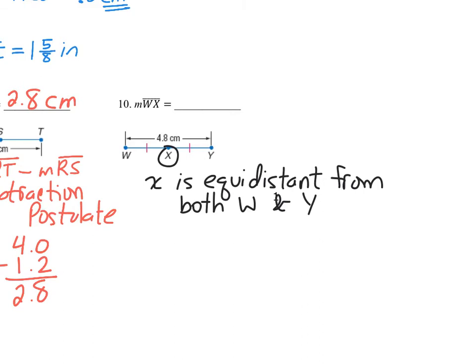All right, so X is equidistant from both W and Y. So what we say is that X bisects the line segment WY. And again, you might look at this as unnecessary, but I look at it as absolutely necessary.